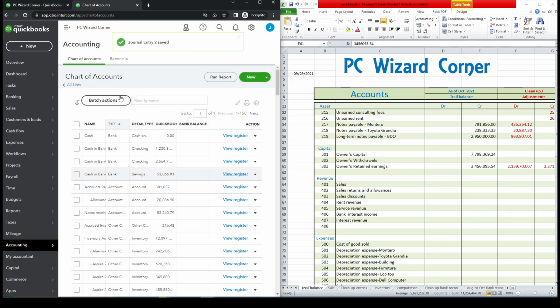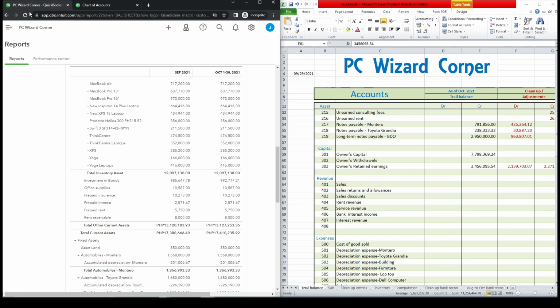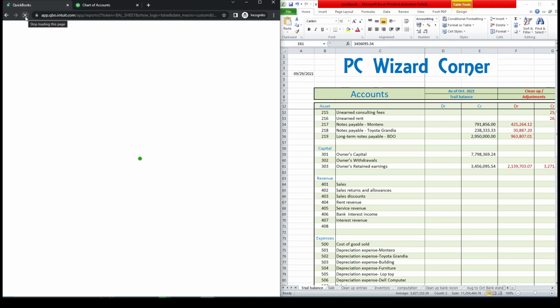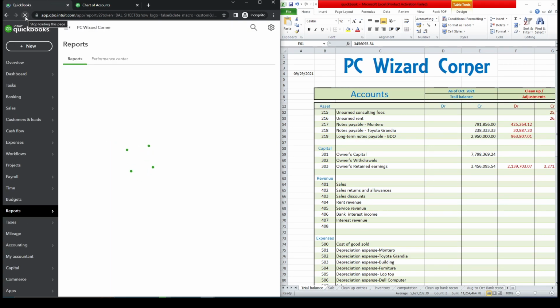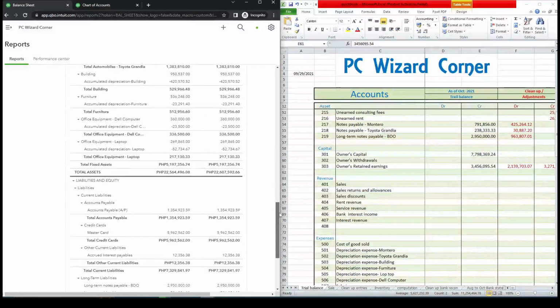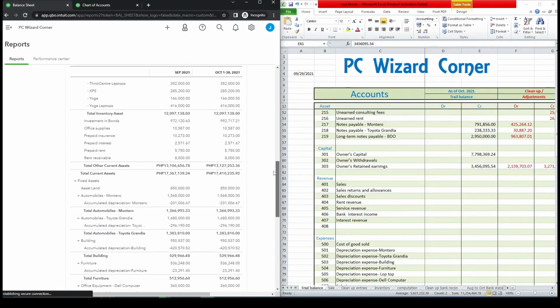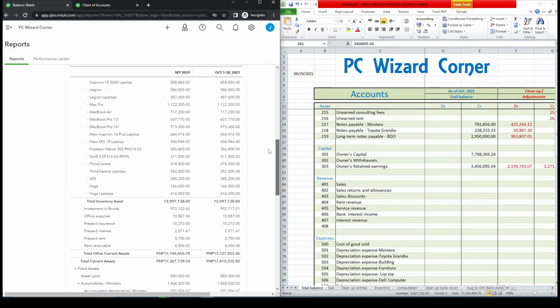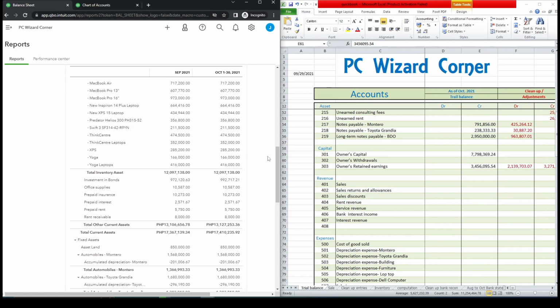There you go. Let's go to the trial balance and refresh. Let's go down. Let's check first here the investment in bond.